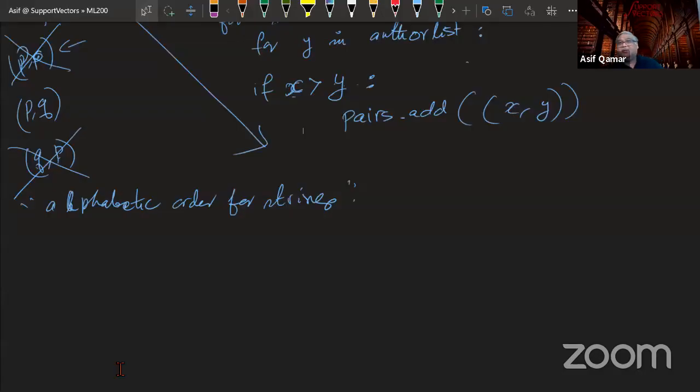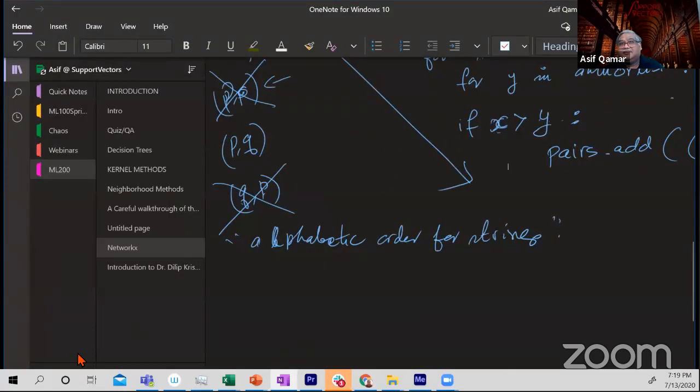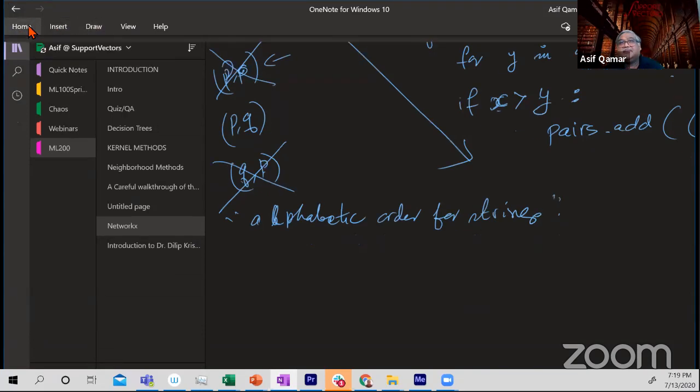Let me start a new page. Oh, why am I not seeing the new page thing here? Give me 1 second, guys. Add page.